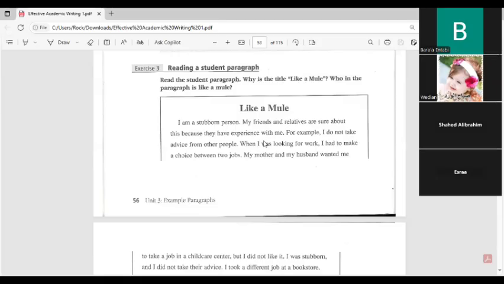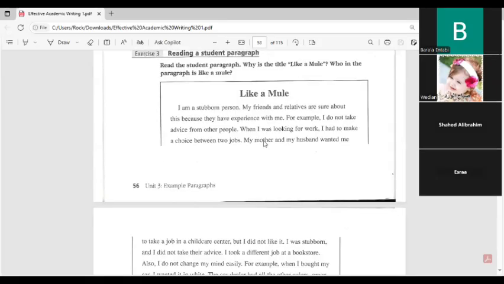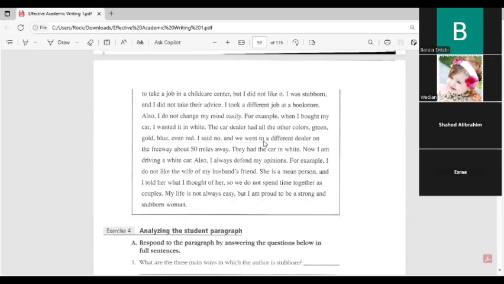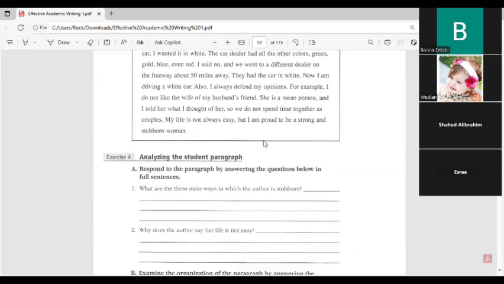I am a stubborn person is the topic sentence. Inside the topic sentence, we have the topic and the controlling idea. You remember this idea: my friends and relatives are sure about this because they have experience with me.